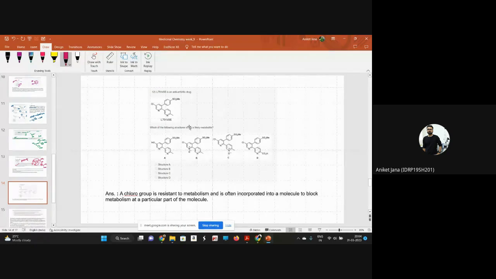Which of the following solutions is not a likely metabolite? Option A, why?